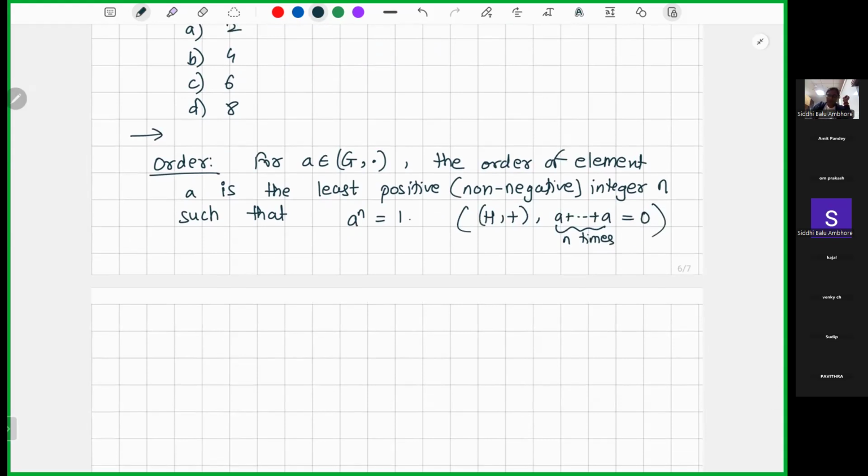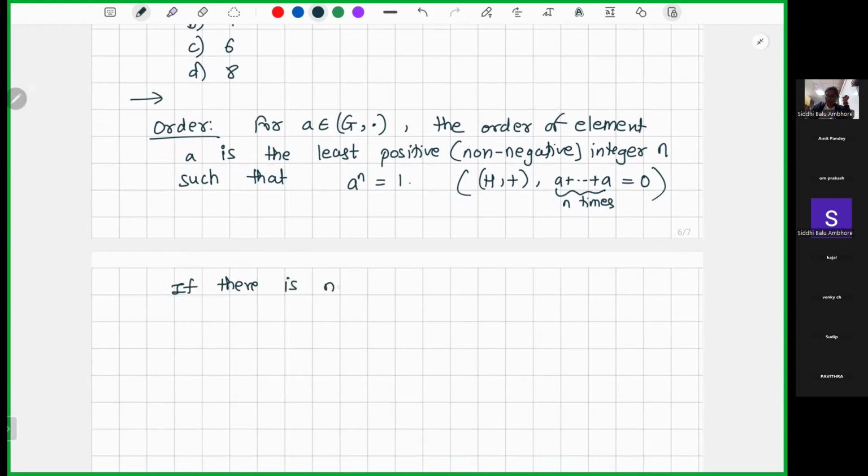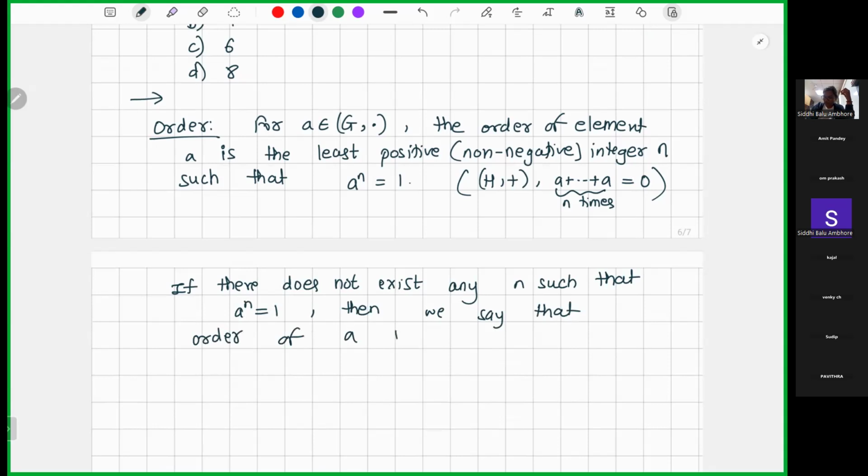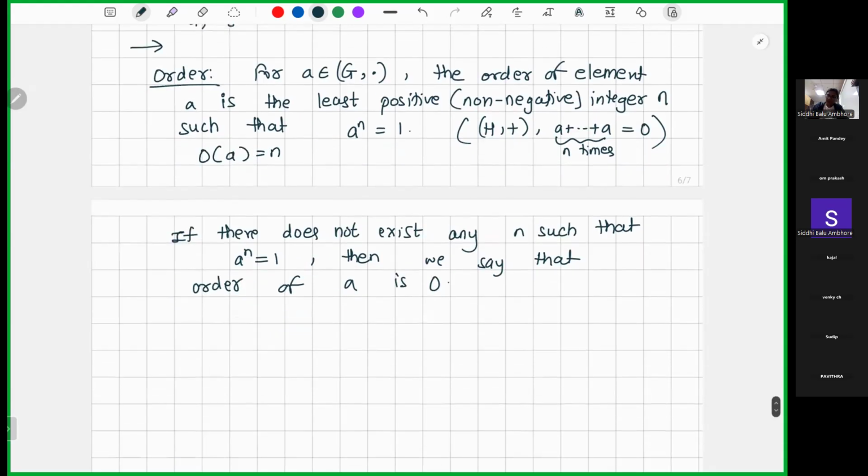And if there does not exist any n such that A power n is 1, then we say that the order of A is 0.